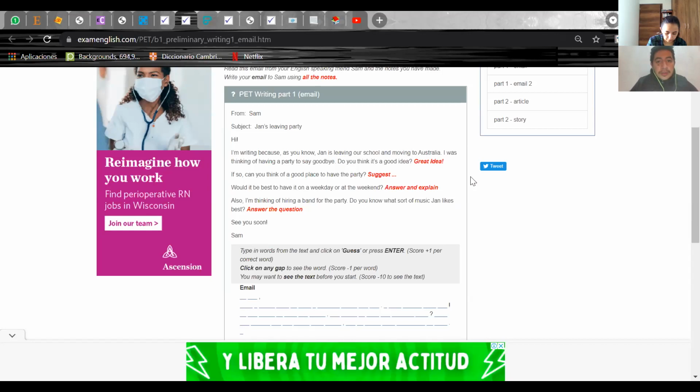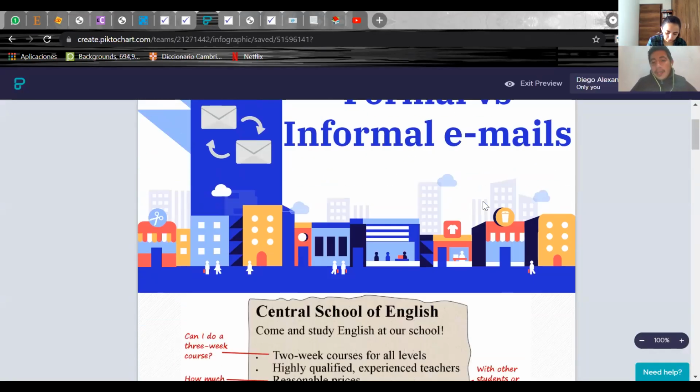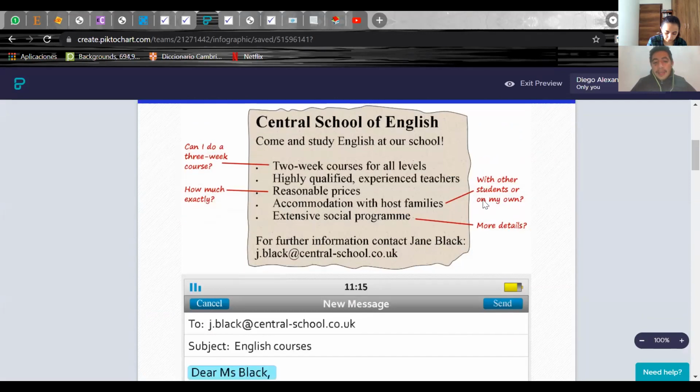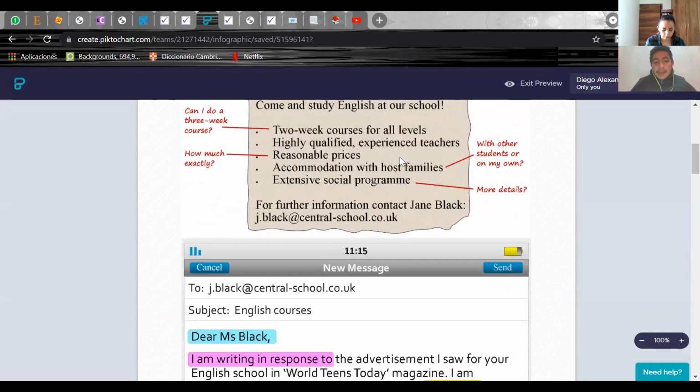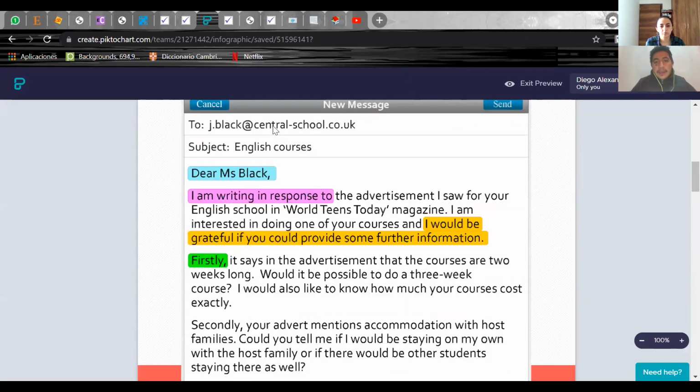So we are going to see the difference between a formal versus an informal email. So as you can see here, we're going to see the structure of a formal email. First of all, we have in here the email address, el correo electrónico. Then in here we have the subject, el tema, porque escribimos el correo.